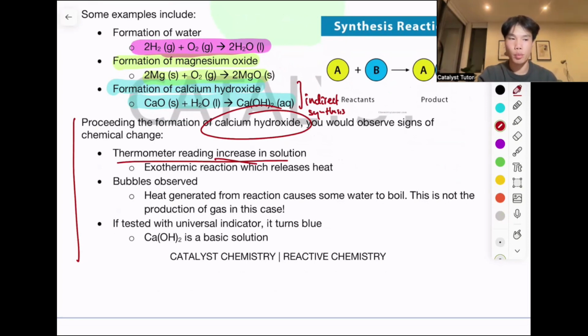Does that mean we have more bonds broken or more bonds formed if it's exothermic? Thumbs up for formed, thumbs down for broken. Do we have more bonds broken or formed?